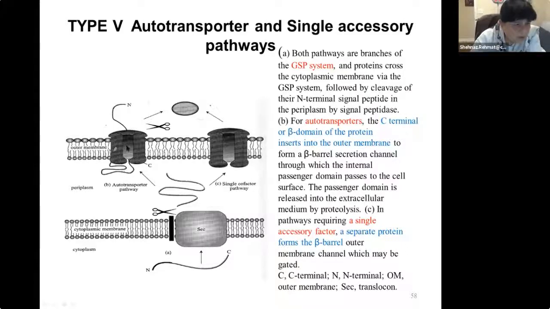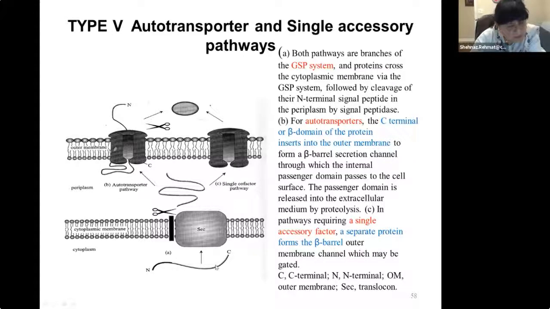One, by using the autotransporter pathway, where some of the protein itself will make the beta barrel in the outer membrane, and the rest of the protein comes out, and then it is excreted by proteolysis, where the protein will be cut off and part of it will be delivered outside of the cell, whilst the rest of it is still making the channel here, the beta barrel.